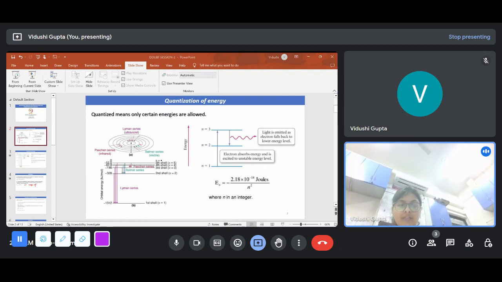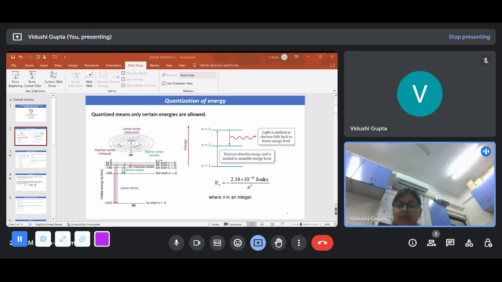Firstly, we have to remember this formula to calculate the energy. Like if I will ask about minus 3.4, you should know it corresponds to the first excited state energy level, like minus 0.9 it corresponds to third excited level.